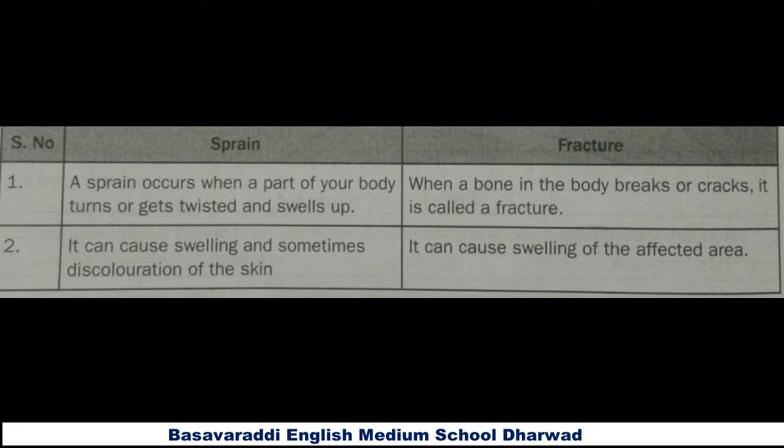It can cause swelling and sometimes discoloration of the skin. Next, in the fracture column, when a bone in the body breaks or cracks, it is called a fracture. It can cause swelling of the affected area. Okay, these are two long question answers.